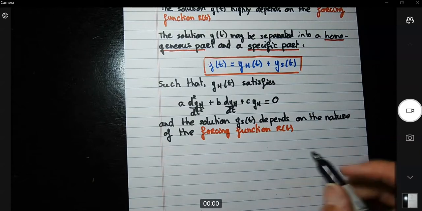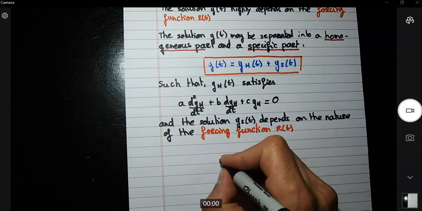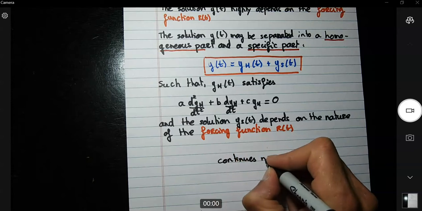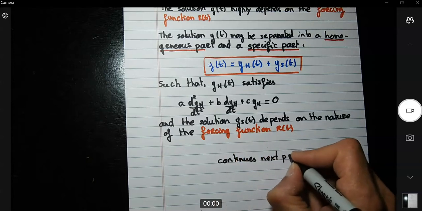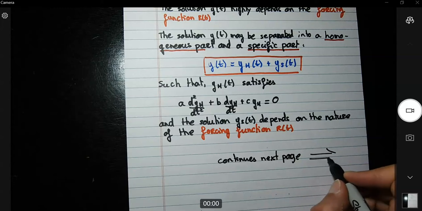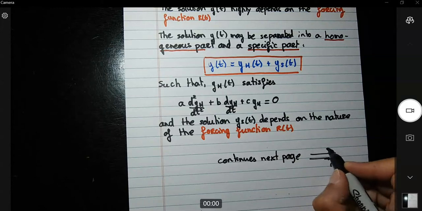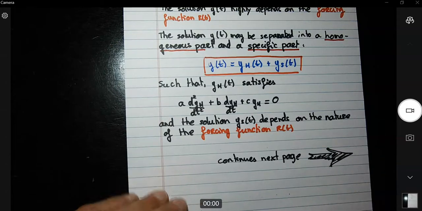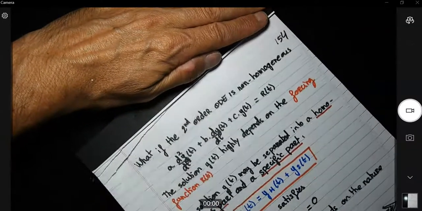Okay, I'm going to go to the next page because I want to be able to put everything on the same page. So page 155.